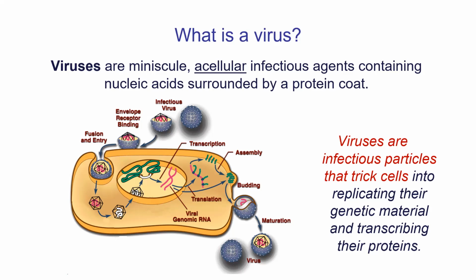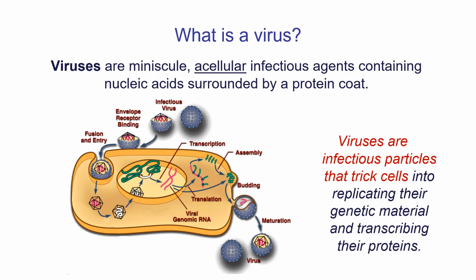So it says it's basically a nucleic acid surrounded by a protein coat. So picture it: a nucleic acid is instructions, and it's packaged up with a little bit of protein. And what the instructions do is the instructions say, make more viruses. And that's it.